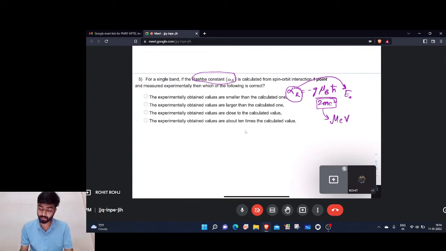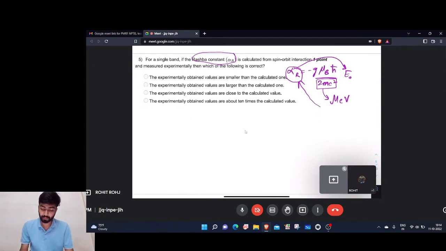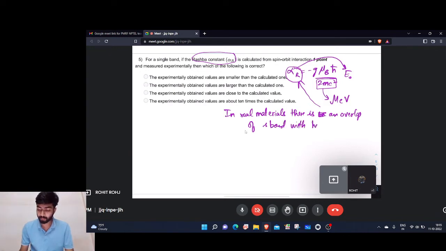This makes the effective value of alpha R very small, but still it is observed in experiment simply because in real materials there is an overlap of S bands with higher lying P bands, which in effect generates a band gap in the system and decreases the denominator.